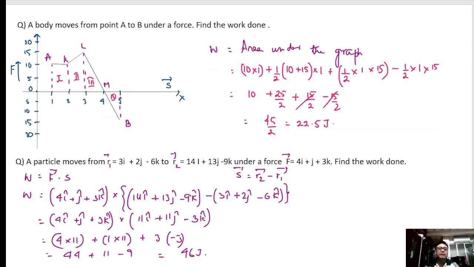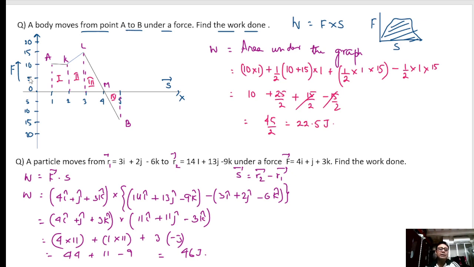The next sum says a body moves from point A to B under a force. Find the work done. Work done, as we know, is force into the displacement, and if the force is plotted on the y-axis and displacement on the x-axis, then work done will be the area of the graph.